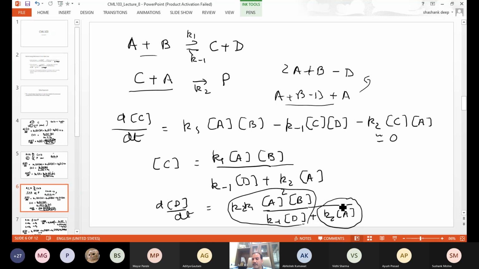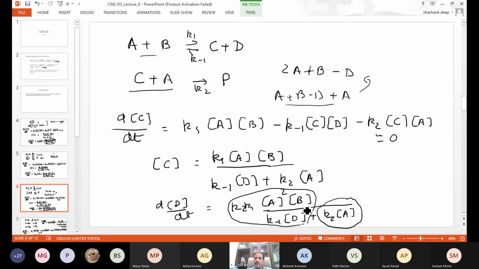And when K2 is very small, this is neglected. What rate law you will get is this one. And if you get this, then you can get the composition of the rate determining step.